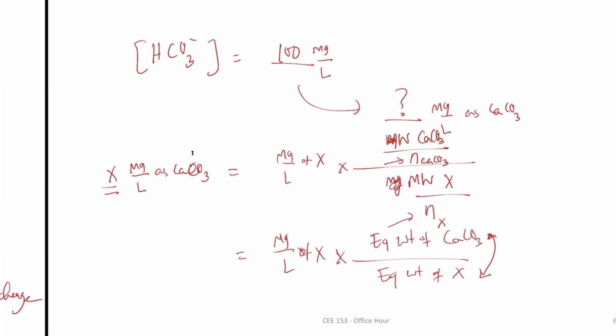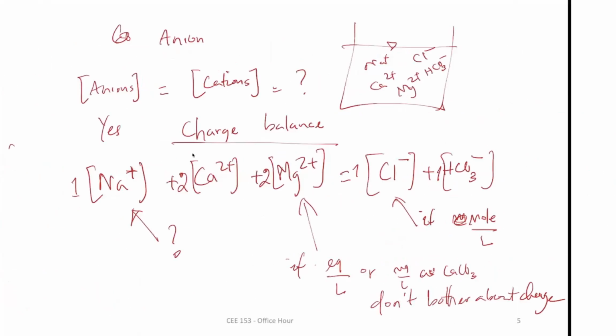As I said, if you are using the units as milligram per liter, you cannot add milligram per liter in a charge balance. It's always molarity, moles. If you convert them to moles per liter, then you can add them together.